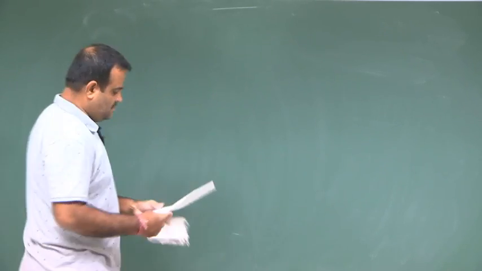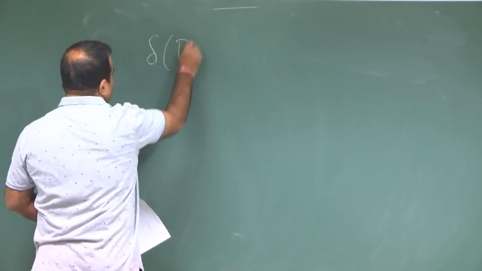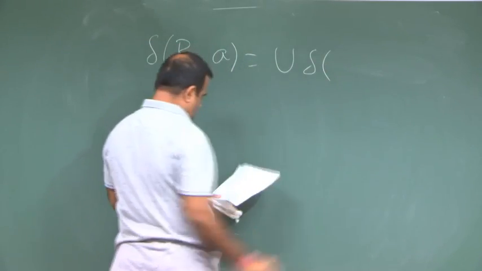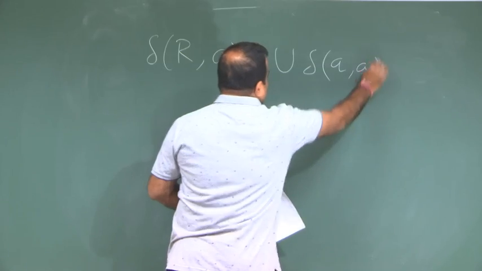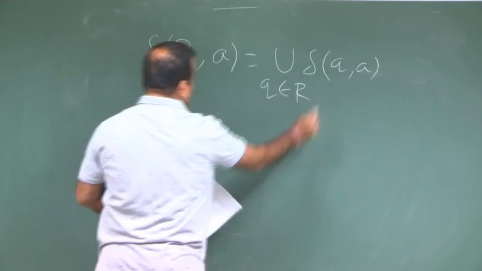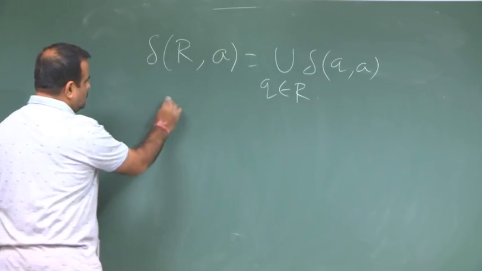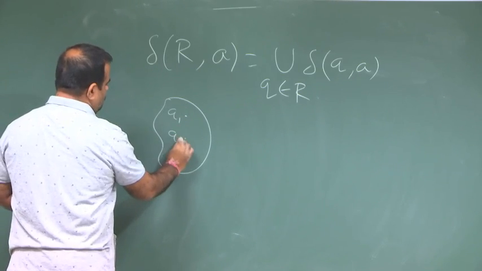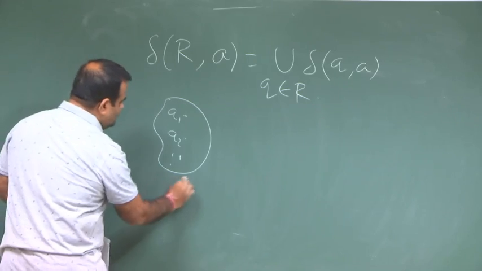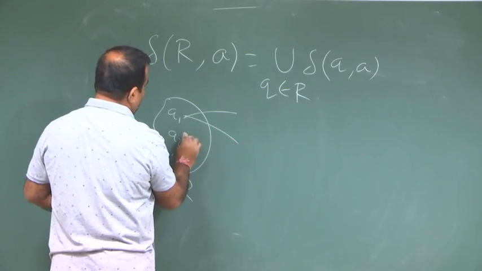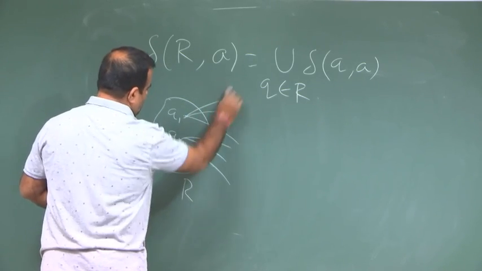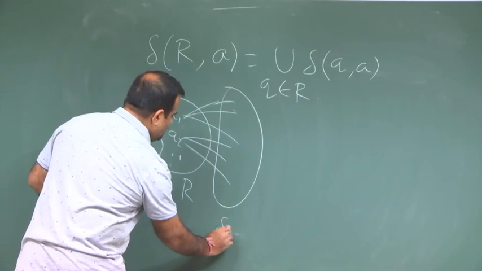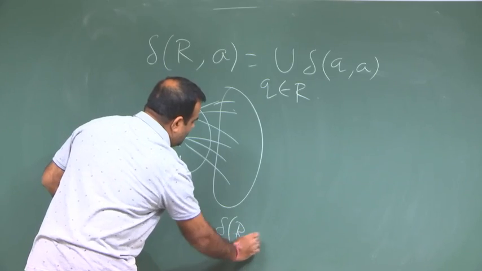So, delta of R comma A, where R is a set of states, is nothing but the union of delta of Q comma A, Q belongs to R. So, inside a single set we have many states, say Q 1, Q 2, like this. On this set, by delta, where we can move, that is the way we are defining the delta of R comma A.